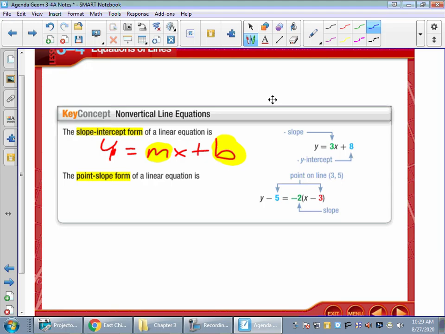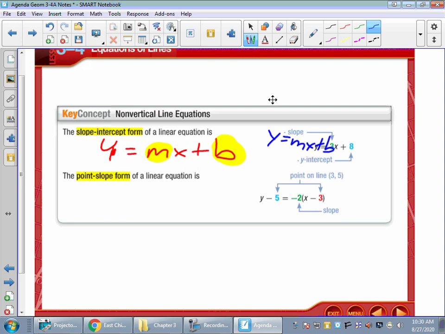In the example to the right here, you can see you've got your slope of 3 and your y-intercept of 8. So 3x plus 8 is basically your mx plus b there, okay?